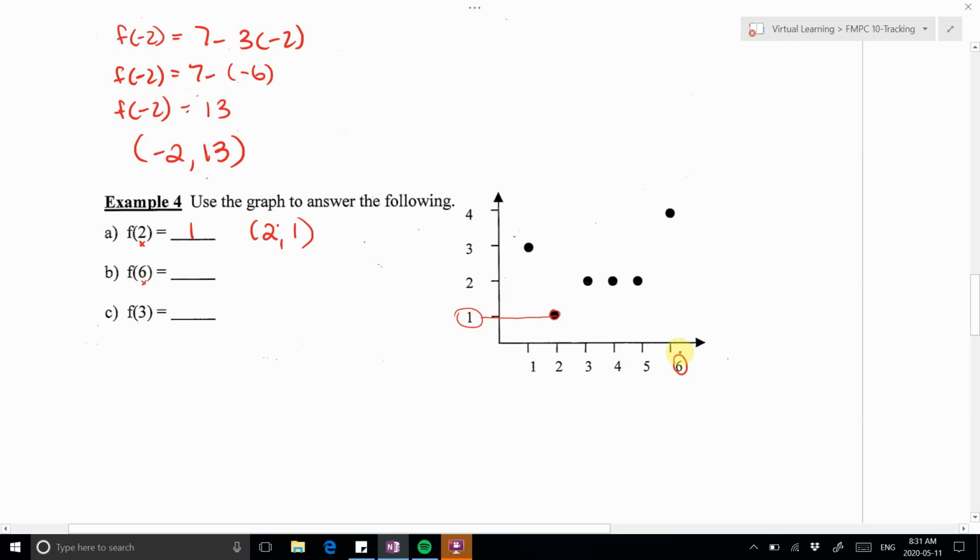So when x is 6, y is 4, right? That would be the point 6 and 4. At 3, we have 2. So that would be the point 3 and 2.